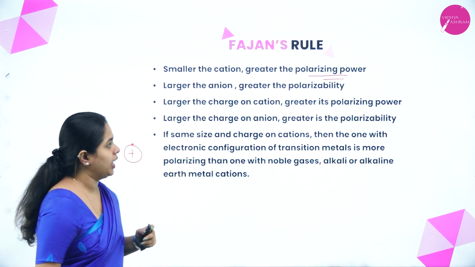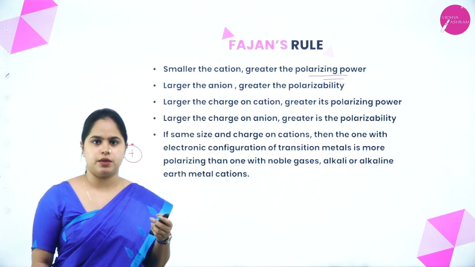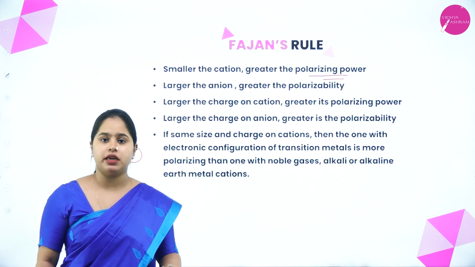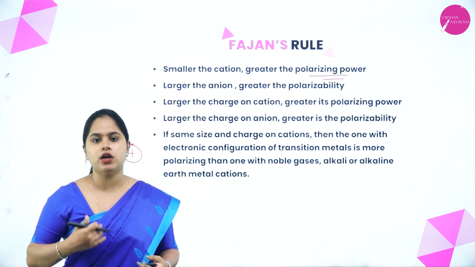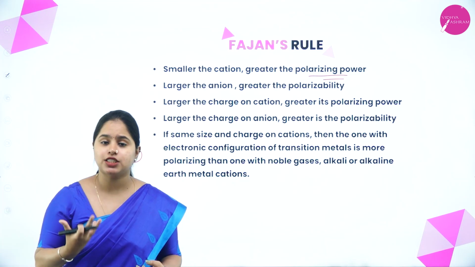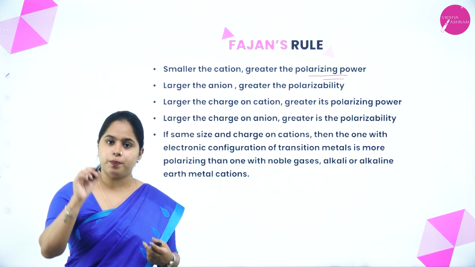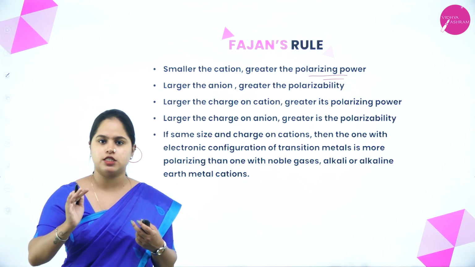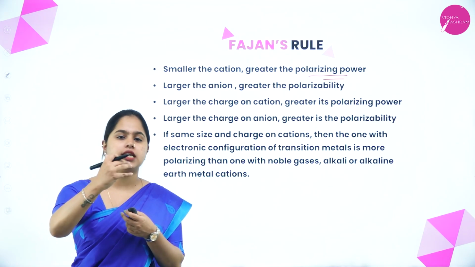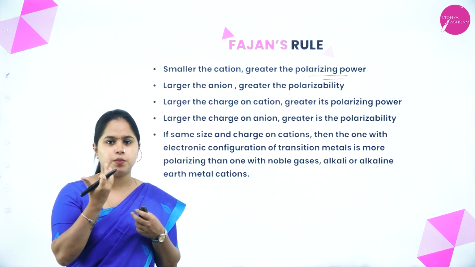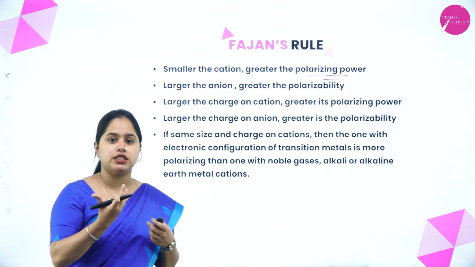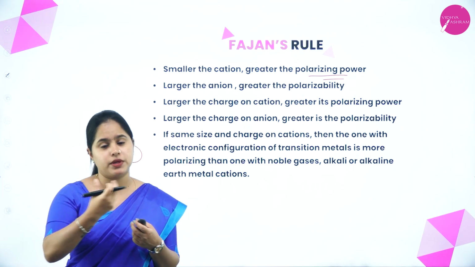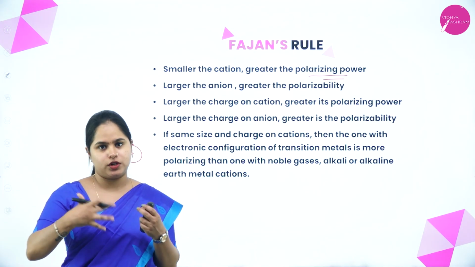Larger the charge on the cation, greater its polarizing power. Larger the charge on the cation means the size keeps decreasing. The charge on the cation is more means, for a +1 charge, one electron is removed. So the size decreases because there are fewer electrons while the nuclear charge remains the same, so more and more pull is towards the nucleus.